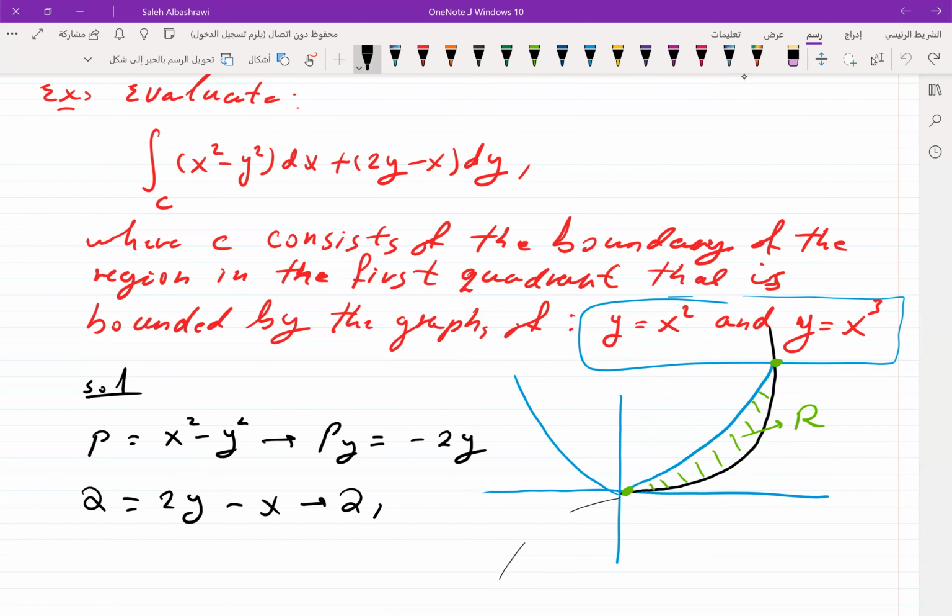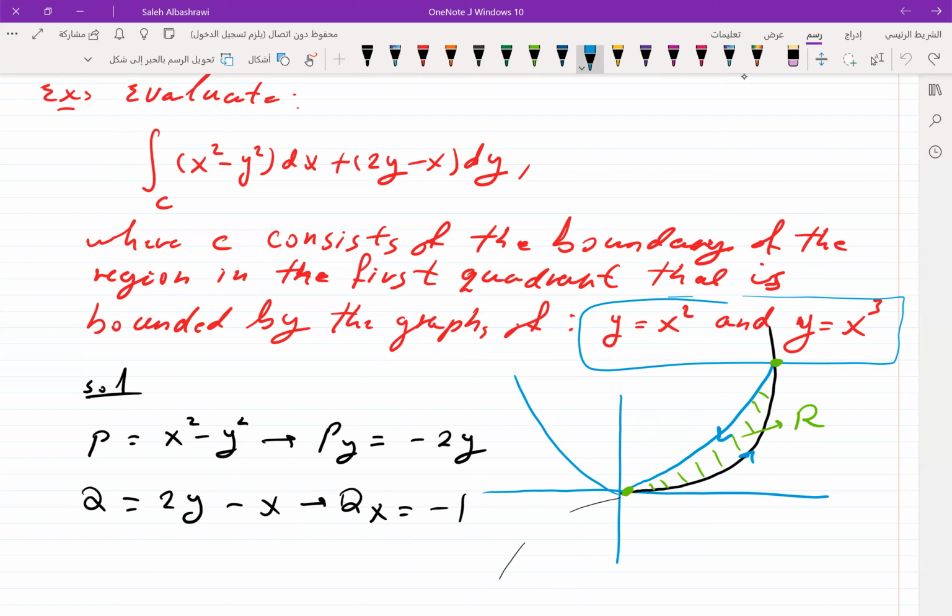This will give me Q sub x equal to minus 1. And to take the direction counterclockwise, use this as the direction of the curve, moving counterclockwise. So we have the curve oriented counterclockwise.